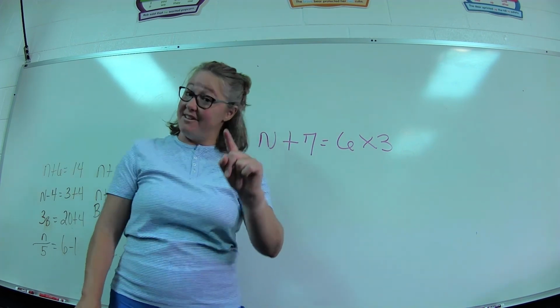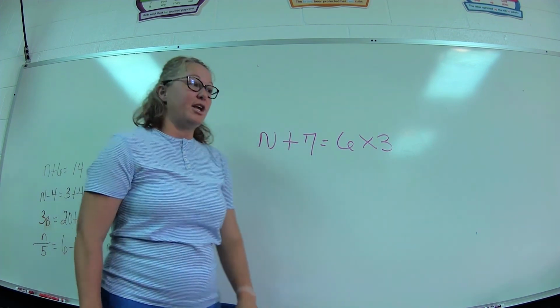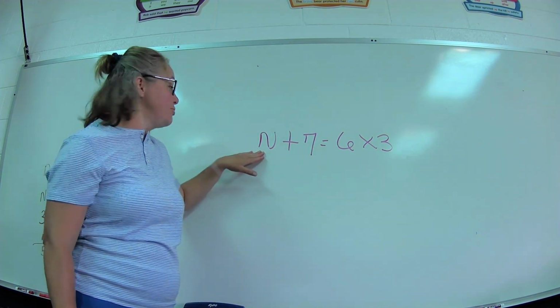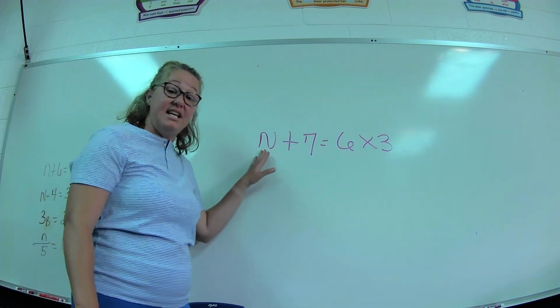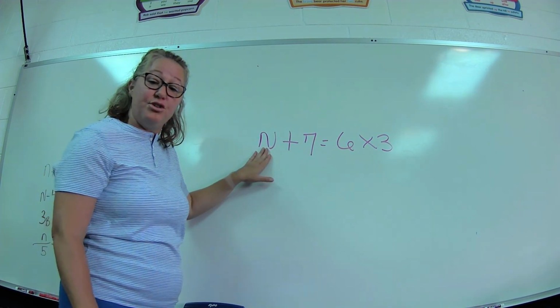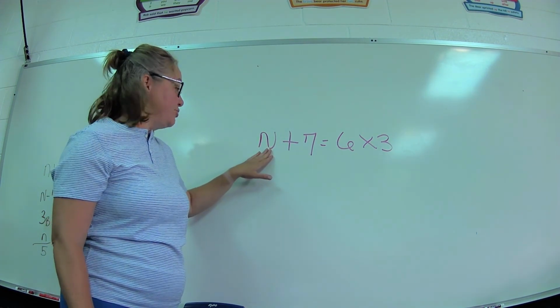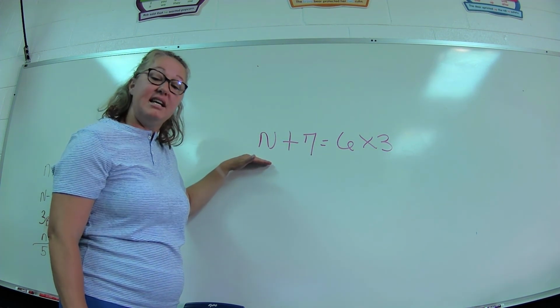And when we have a division statement, we're going to use multiplication. All right, so let's begin. I do not know the value of the letter N. It could be A, it could be B, it could be Z, it could be Y. They chose to use the letter N. All right, that's our variable. We do not know what this side of the mathematical sentence equals.